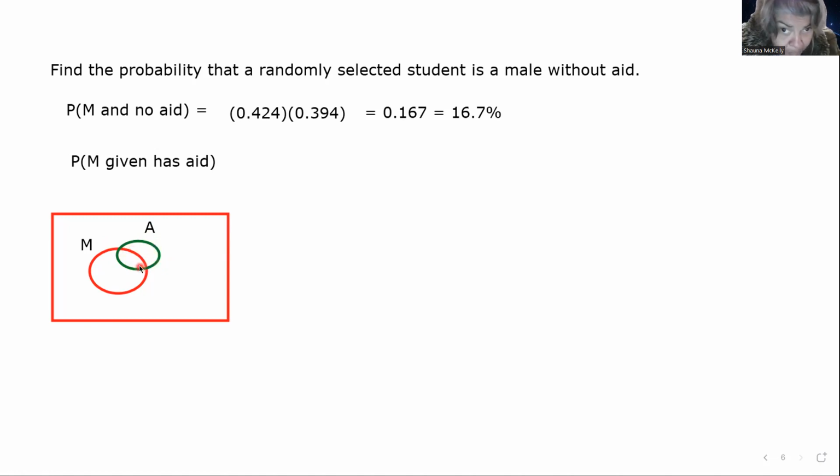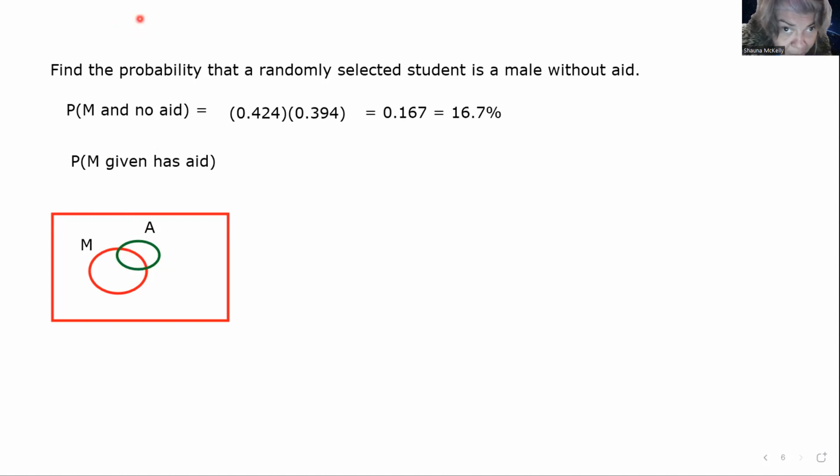So now a male, given they have aid, what we're looking at is actually this portion, that's the overlap. Not compared to the whole sample space like we were in 4.1 and in some of 4.2. Now we're looking at this overlap, because this is male and aid, this overlapping crescent right here.